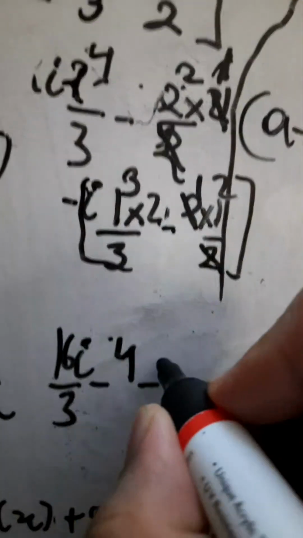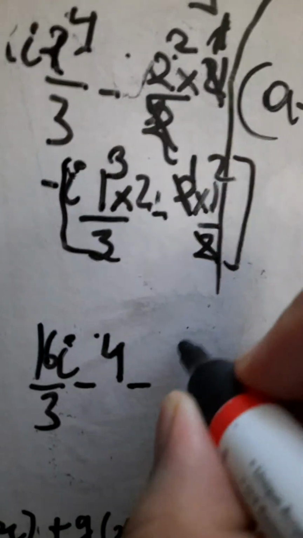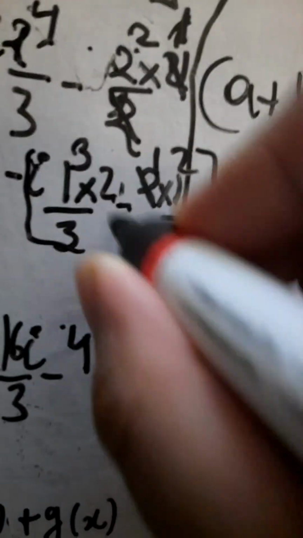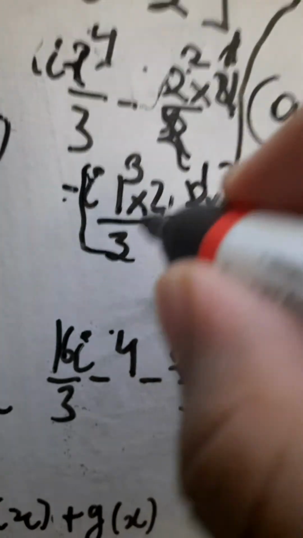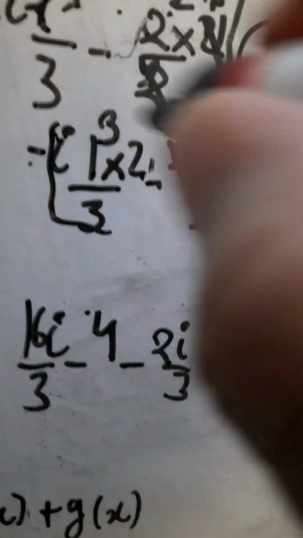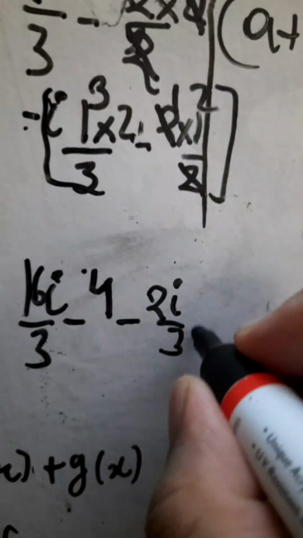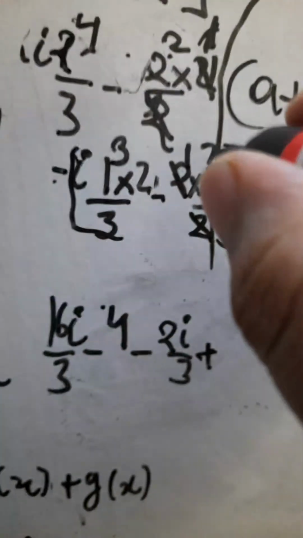1 cube into 2 is 2 because 1 cube is 1. So 2t by 3. But here minus into plus stays minus because opposite signs multiplied stay minus. This term would be negative. This term would be positive because minus into minus, same signs multiplied give plus. Then this is 2, minus minus gives plus.